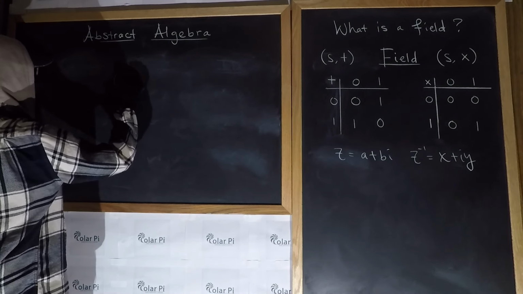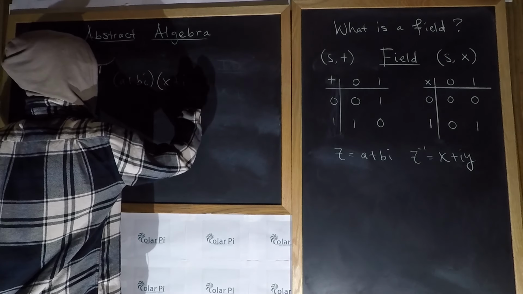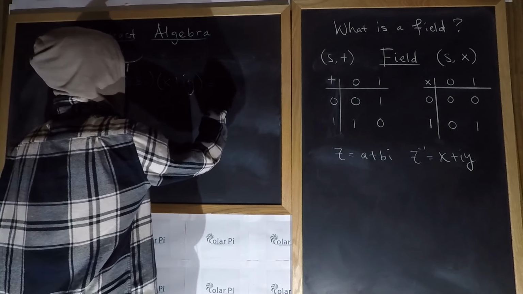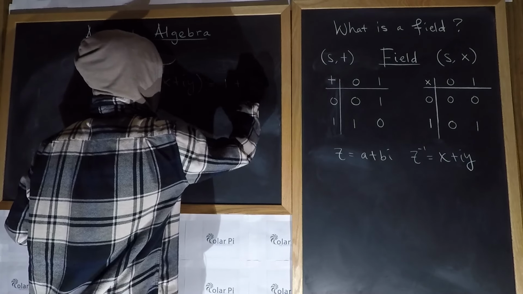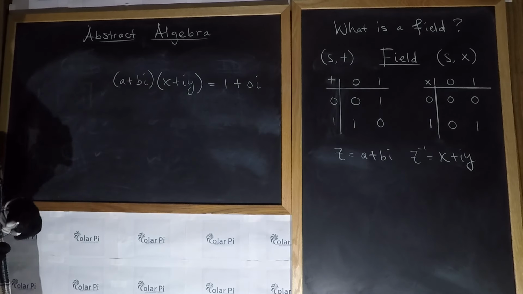We take a plus bi, multiply it by x plus iy, and we need it to equal 1 plus 0i. Then x plus iy we can claim is the inverse of a plus bi.